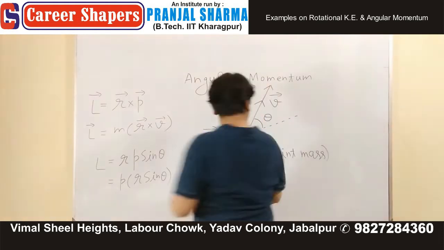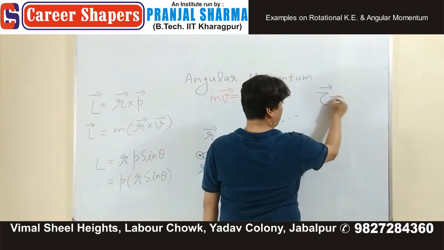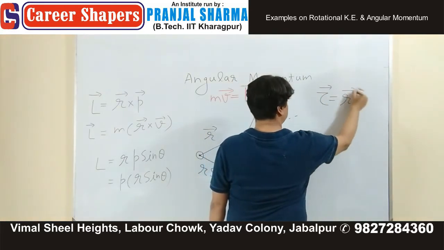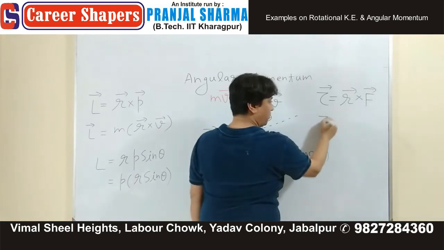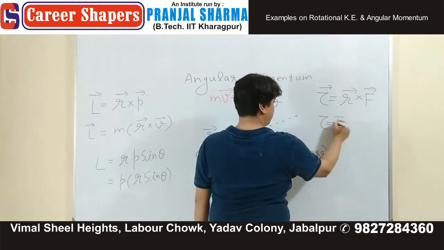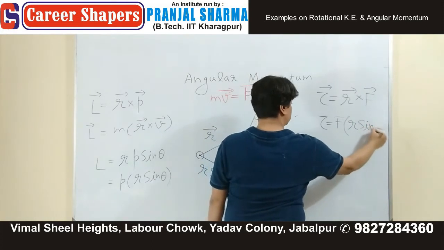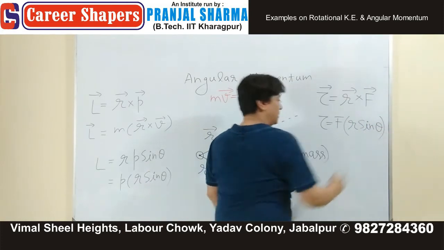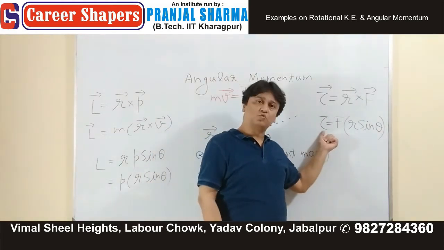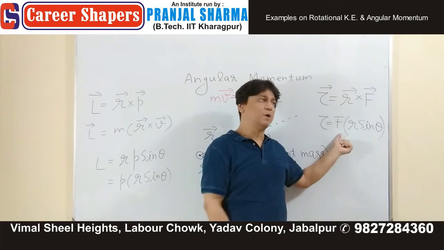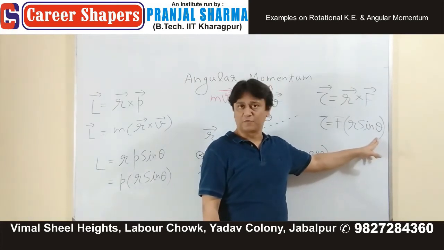When we developed the case of torque, torque was R cross F. And when we opened the magnitude, I hope you remember this much. This was F into R into sine theta. And I hope you will understand that torque was what? Force multiplied by perpendicular distance of line of force from the axis of rotation.